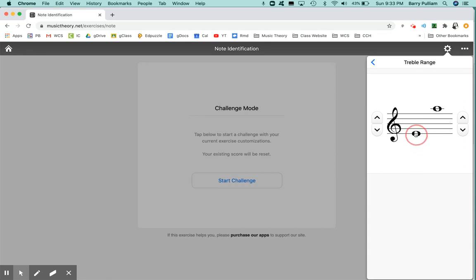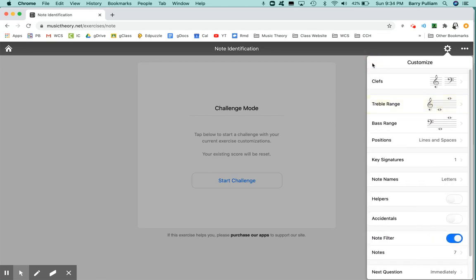So far, I wanted you to be able to identify these notes from an E to an F. But since we've learned about ledger lines, on next week's test, I want you to be able to identify on treble clef up to an A and down to a C. You can also adjust them right here. Okay? I want you to know C, D, E, F, G, A, B, C, D, E, F, G, A. And if you practice this, it won't be any problem.